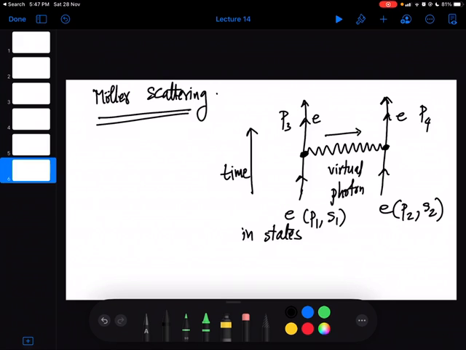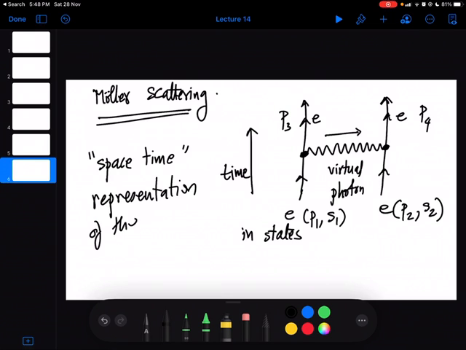Now I am just drawing this. This is a space-time representation of the process.